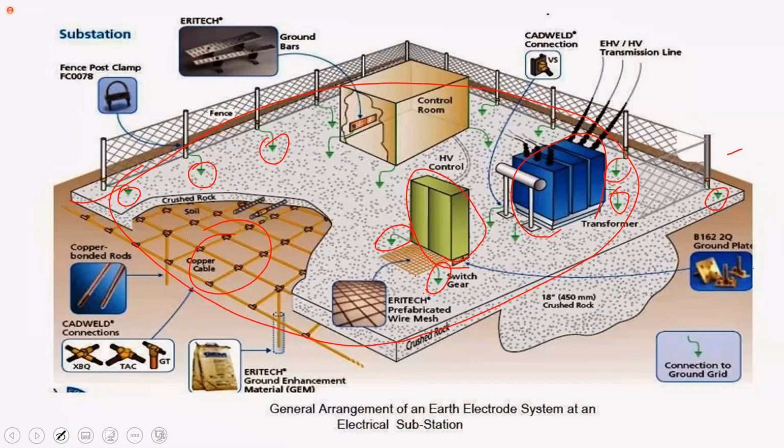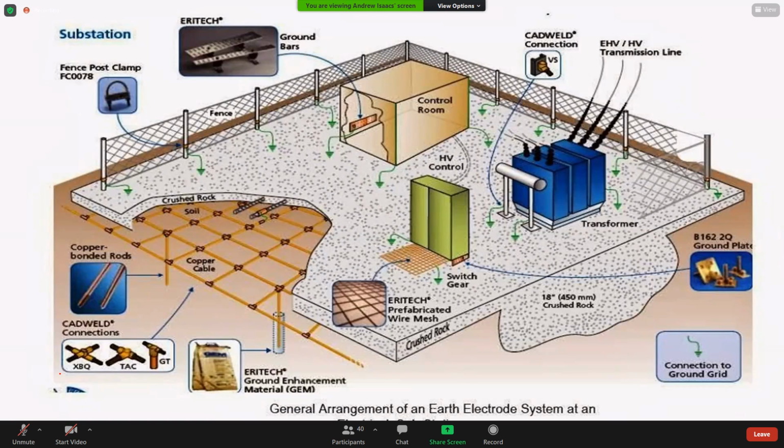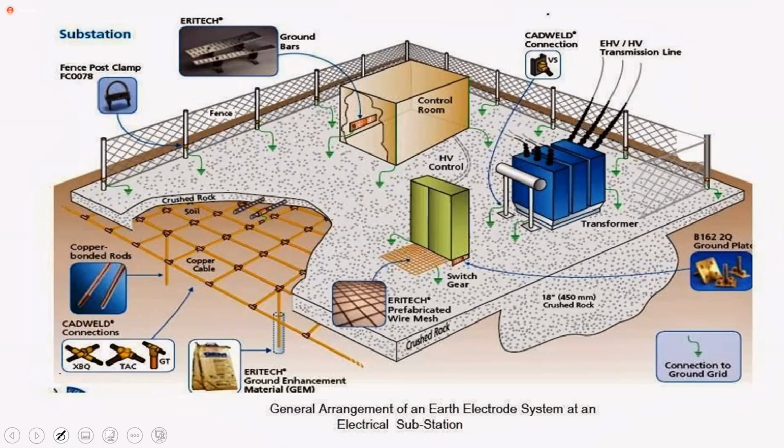Now, a couple of ways that you can reduce the resistance of the grid. Ready? One, in terms of depth. The deeper you bury it, the more you help to reduce the overall resistance. Two, the number of meshes.